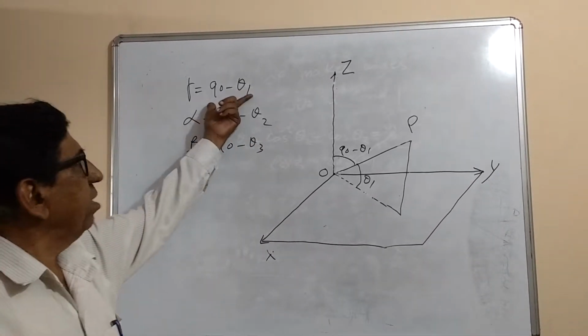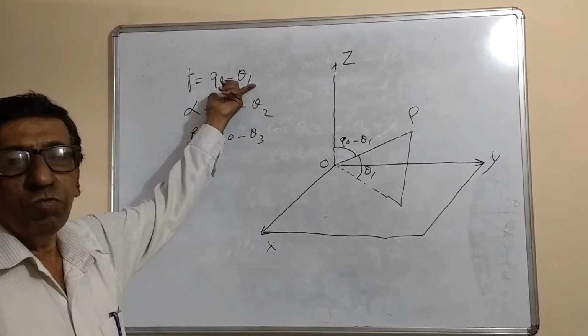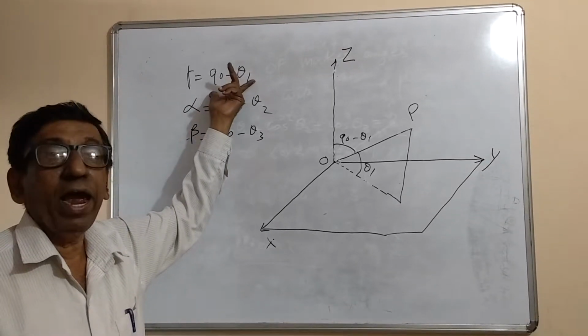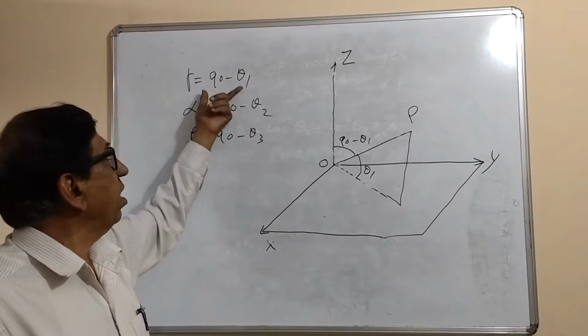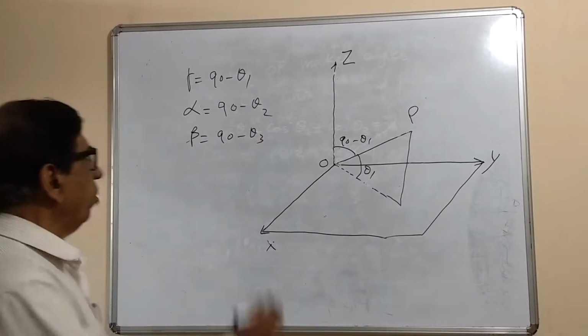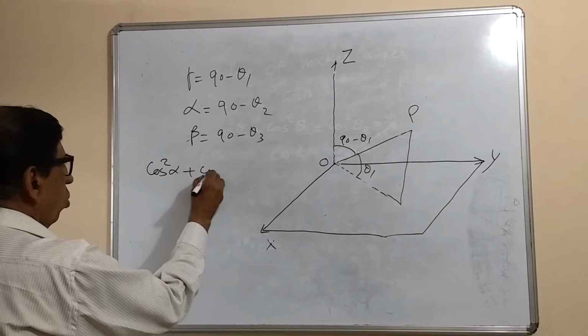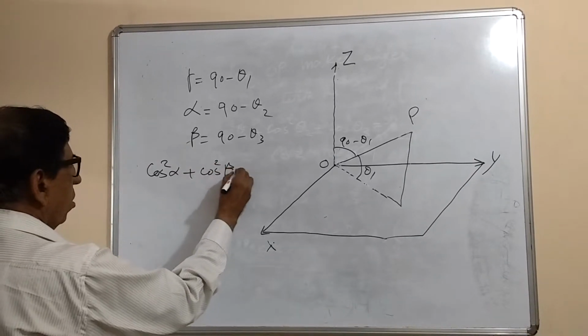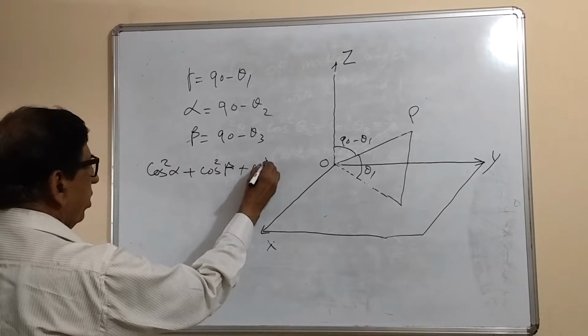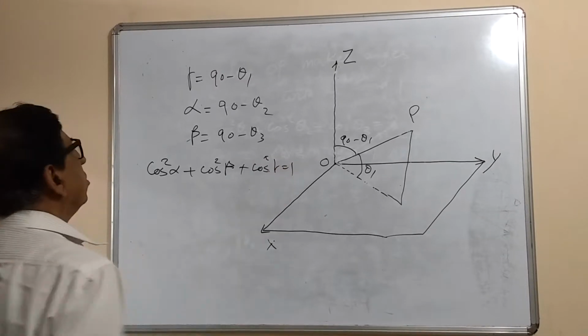So these are the angles made by the line with x axis, y axis and z axis. That is, these are alpha, beta and gamma. Therefore, cos square alpha plus cos square beta plus cos square gamma equal to 1.